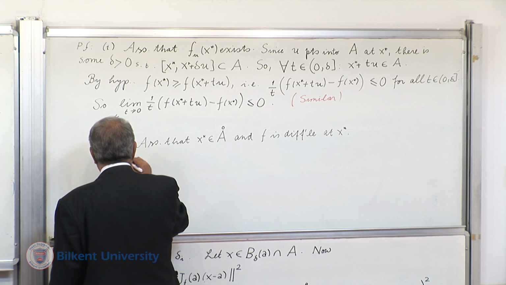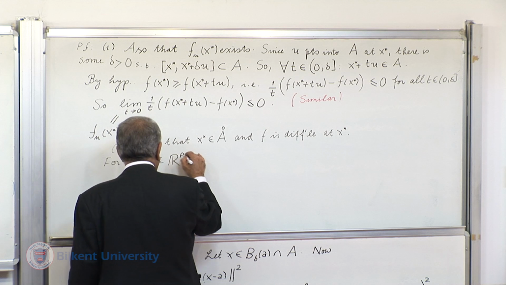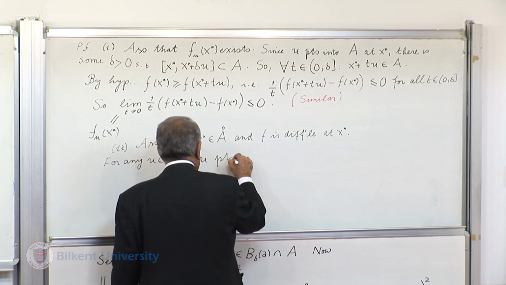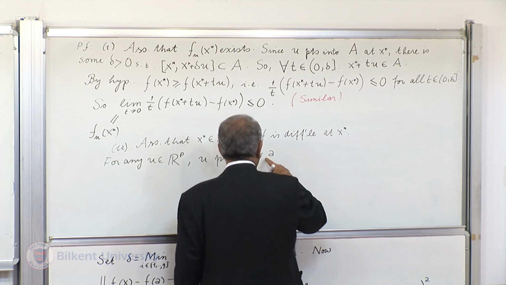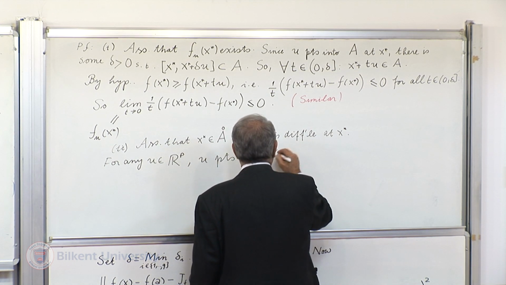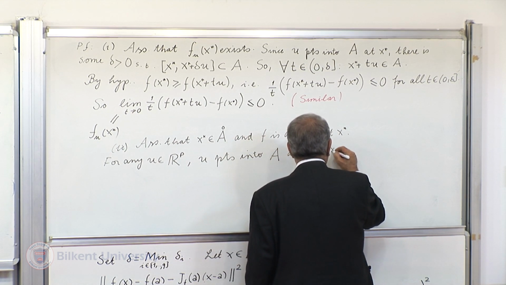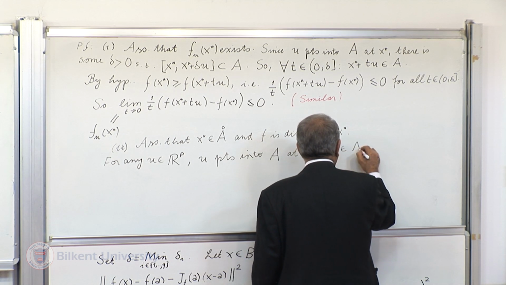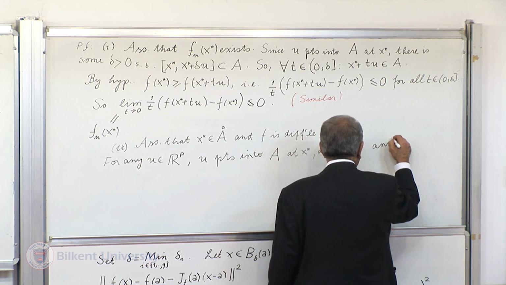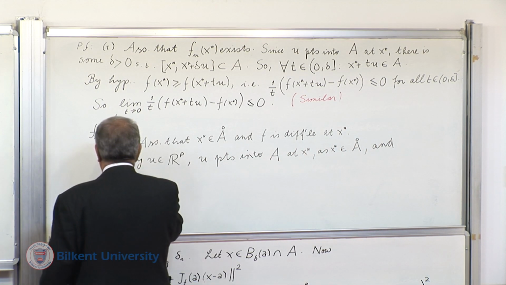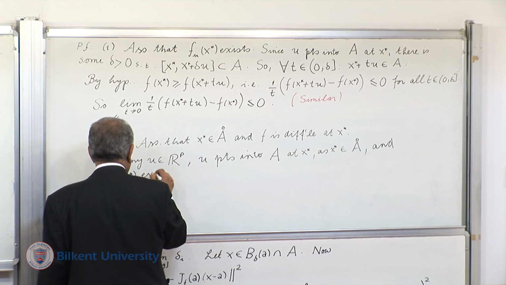For any u in R^p, u points into cap A at x star as x star is in the interior of A. And f sub u of x star exists.